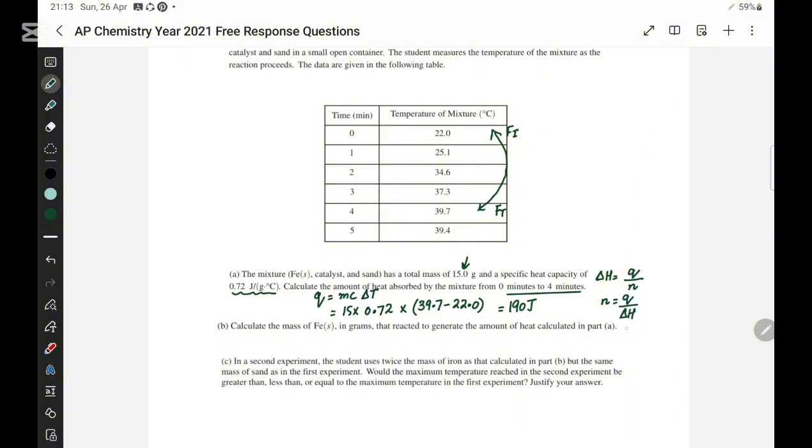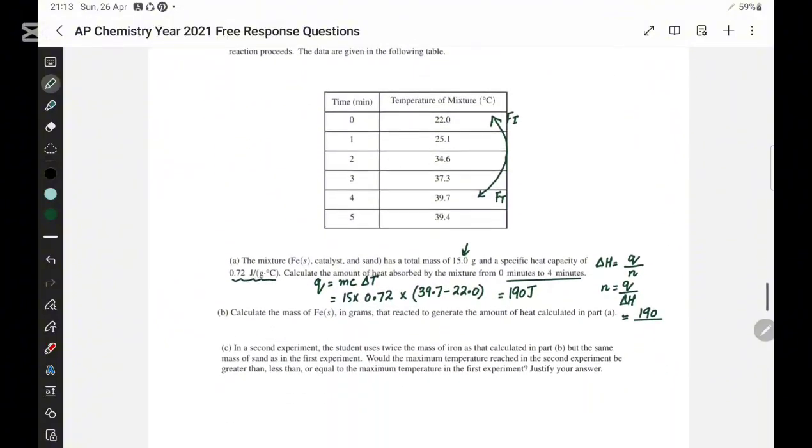For this, Q is equal to 190 joules and the enthalpy change has been given to us, that is 1650, and the number of moles comes out to be 0.00012.